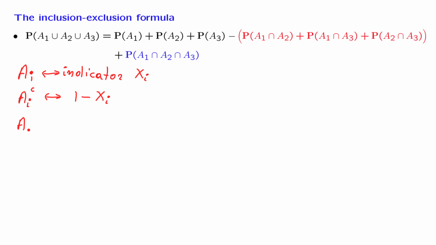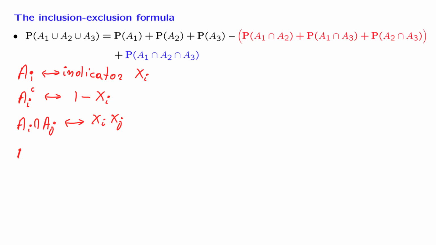If we have the intersection of two events, Ai and Aj, what is their indicator function? It is Xi times Xj. This expression is equal to 1 if and only if Xi is equal to 1 and Xj is equal to 1, which happens if and only if the outcome is inside Ai and also inside Aj.